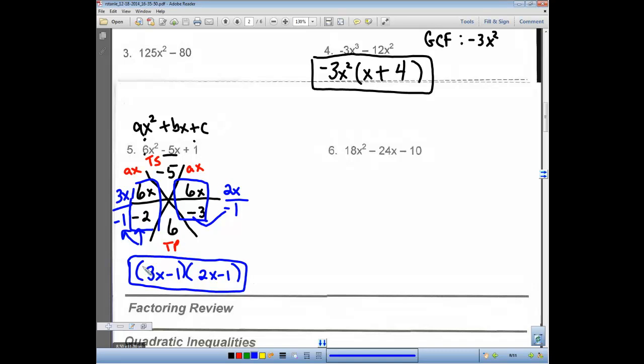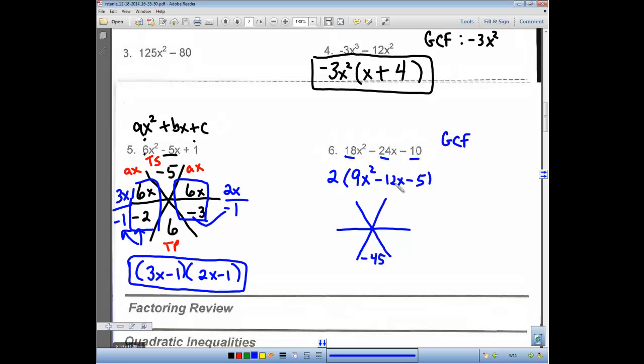Look at number 6. I could pull out a GCF of 2. 2 goes into 18x squared 9x squared times. 2 goes into negative 24 negative 12 times. 2 goes into negative 10 negative 5 times. Let's do our snowflake. Target product, 9 times negative 5 is negative 45.